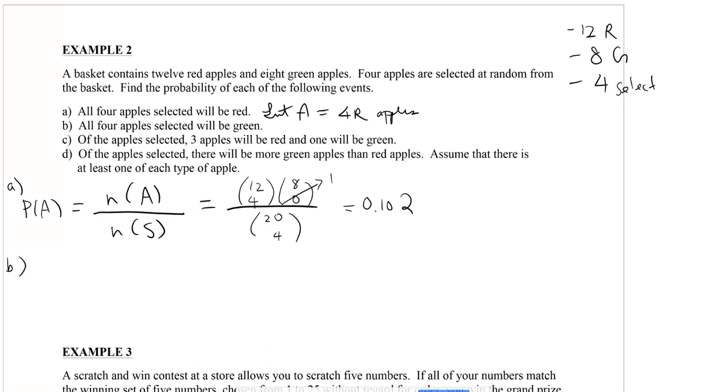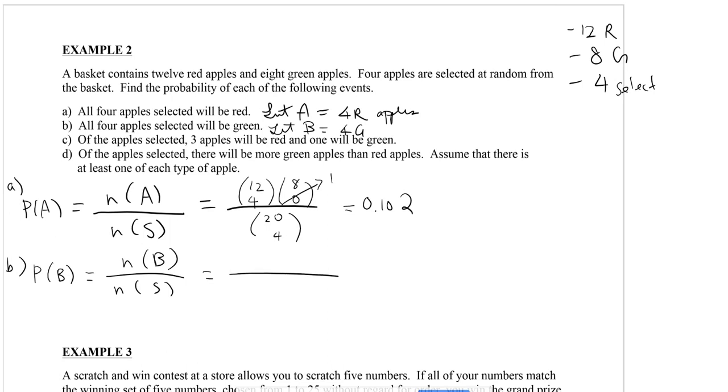In part B, they want all 4 apples to be green. So I'm going to let B equal to 4 greens. I'm just abbreviating because there's not a lot of room on this piece of paper. So P of B is equal to number of outcomes for B over all possible outcomes.